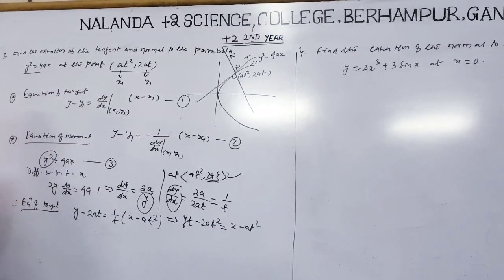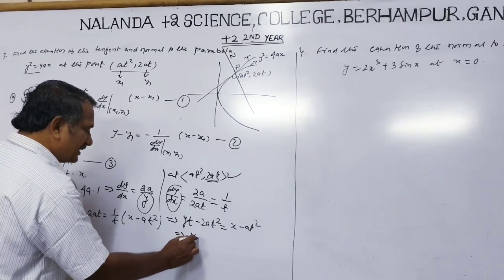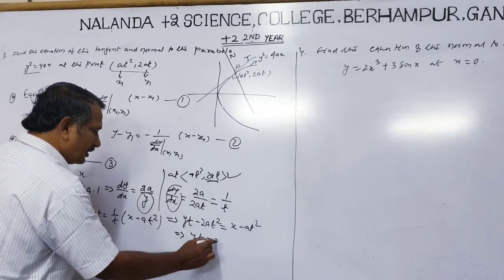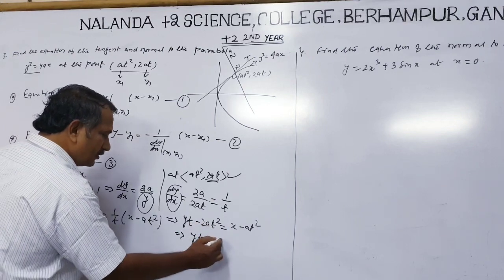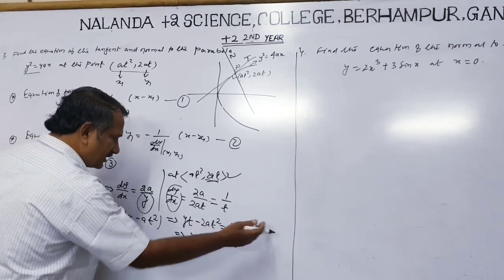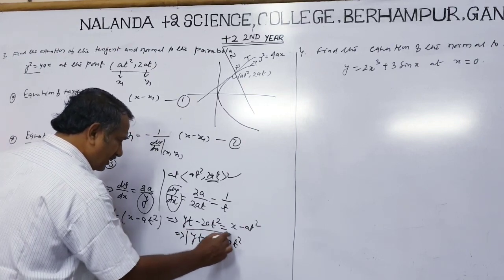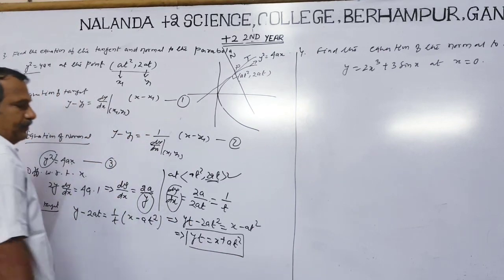Or yt equal to x plus at square, so that side is plus at square, plus 2at square equals at square. Now this is the equation of tangent.